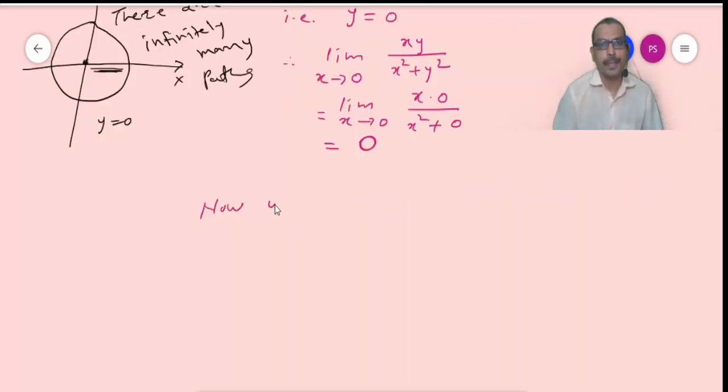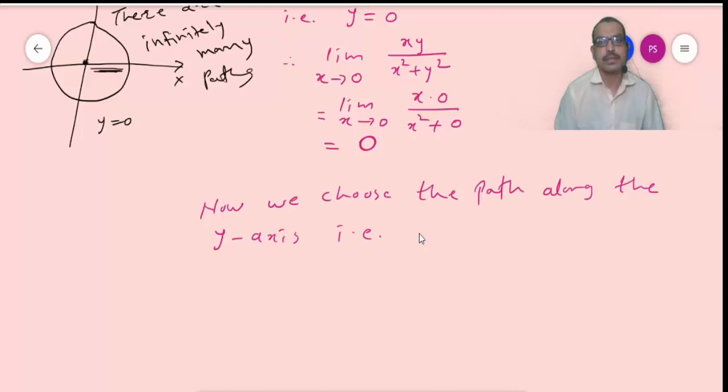Now we choose the path along the y-axis, that is x is equal to 0. Therefore the limit of the function xy upon x square plus y square.